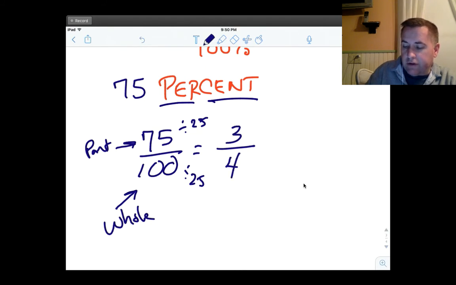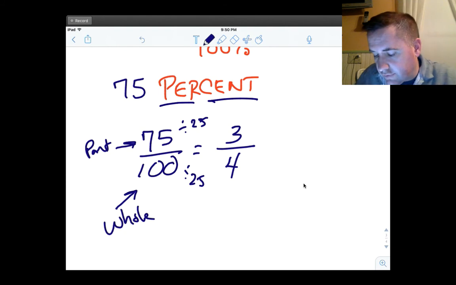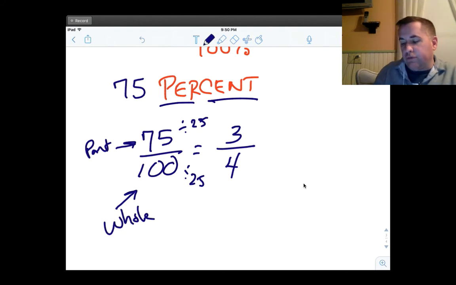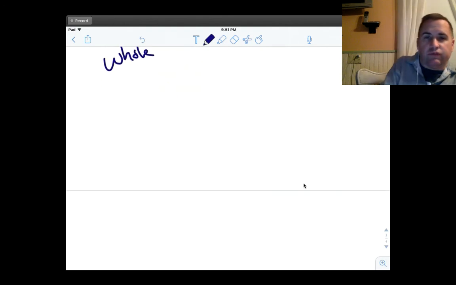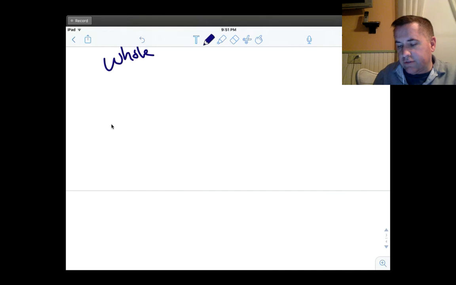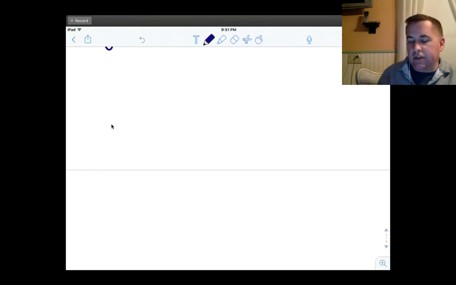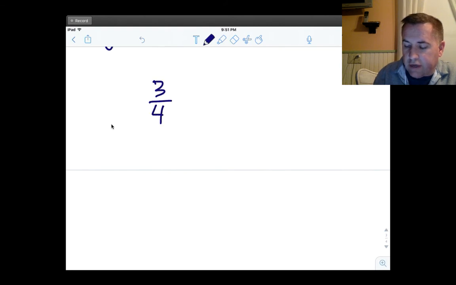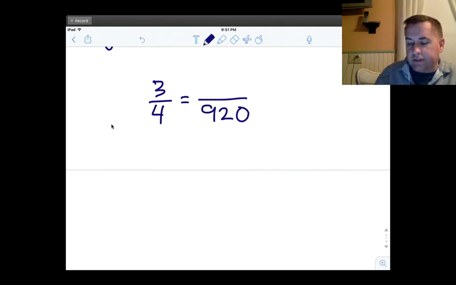So divide top and bottom by 25 and we get 3 to 4. Again, you're responsible for 3 out of every $4 that something costs. In the case of our airline tickets, flying to Germany, it was $920. So that's the price I'm going to use to find my sale price. We're responsible for 3 out of every $4 on a $920 flight.